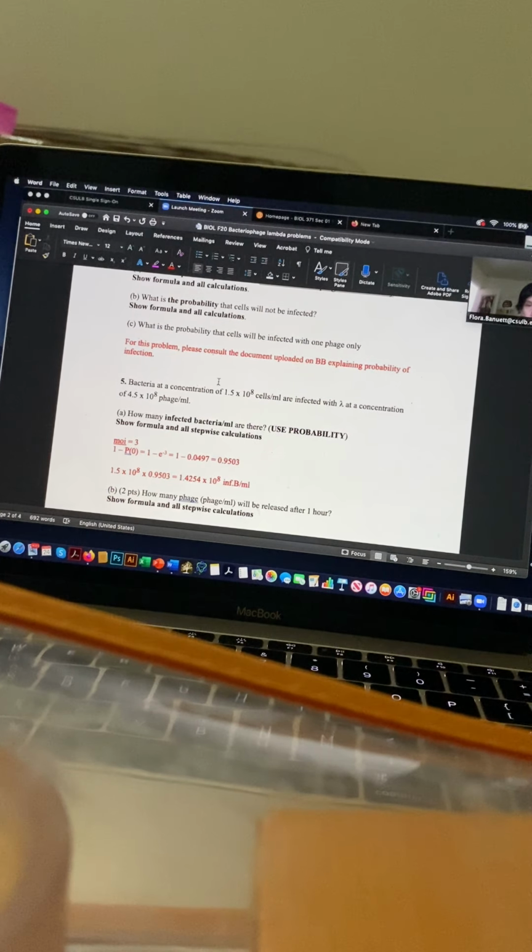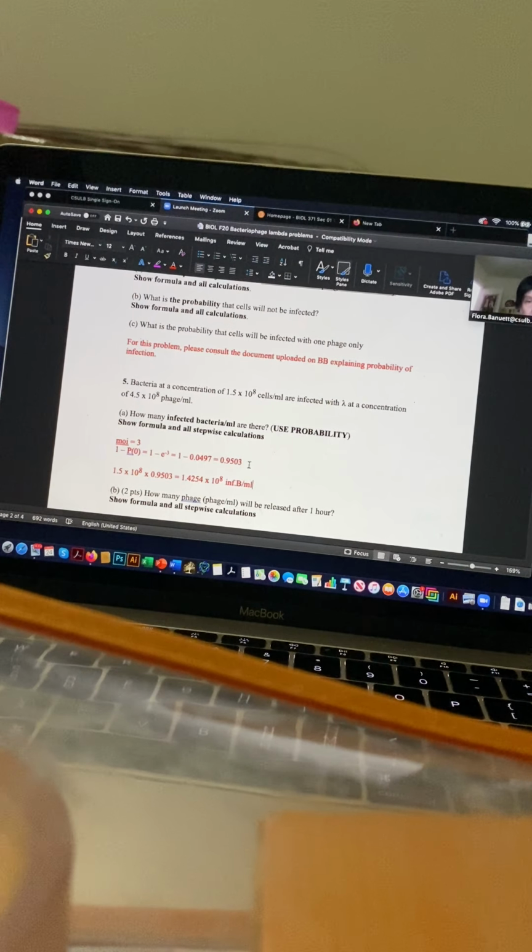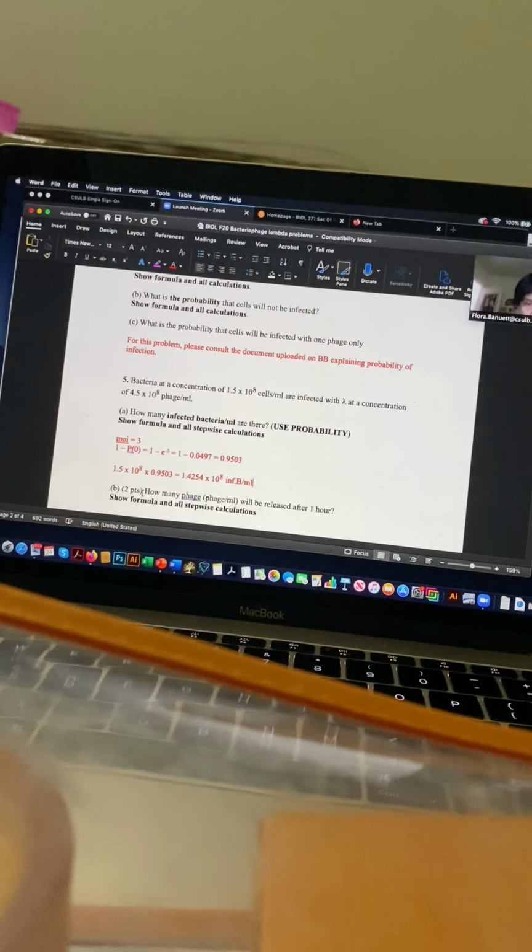So it's going to be very close to this initial number of cells. But what this shows is that not every cell, despite the MOI being high, is infected.